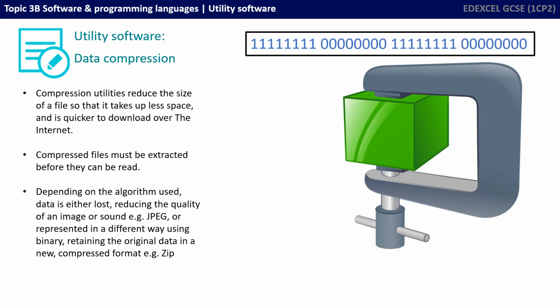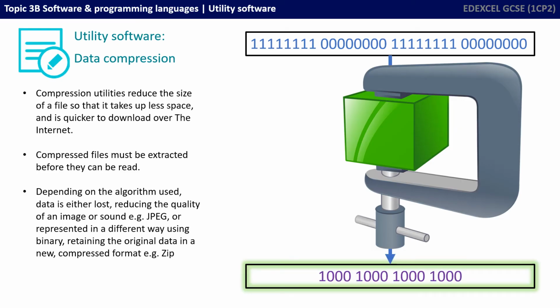If we look at a very simplistic idea of how this might work, you can see in this illustration we've got 8 ones, we've got 8 zeros, we've got 8 ones, and finally we've got 8 zeros. Now we don't actually need to store every single bit. Instead, what we could store is the number of ones and the number of zeros. So here we've got 8 ones followed by 8 zeros, followed by 8 ones, followed by 8 zeros.